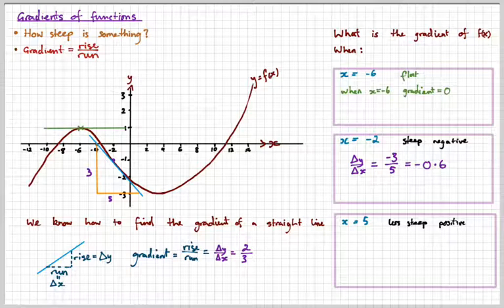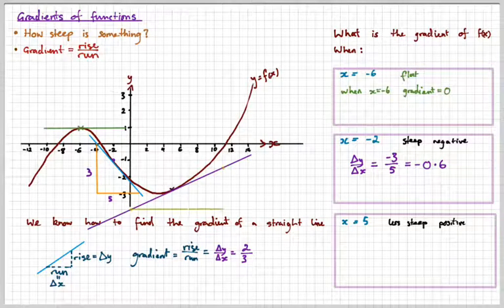Looking at the final question then, at x equals 5, if we put that point in and we draw a tangent, maybe you should pause the video there and see if your tangent and my tangent give you a similar gradient. Drawing that tangent, we find the rise and the run, the change in y divided by the change in x.